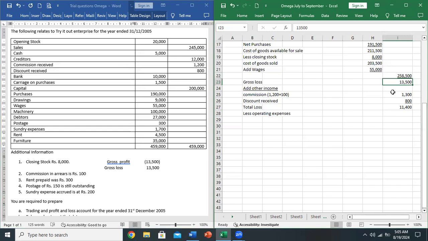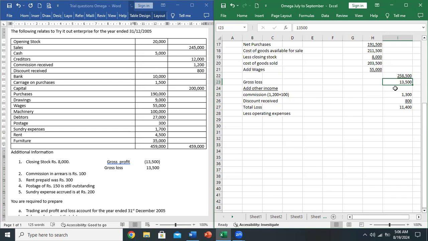Then for the discount received, we wrote the 800 because there was no information on it as to whether there was prepayment, and most of the times for discount received, they don't give any adjustment. So we have presented our other income.